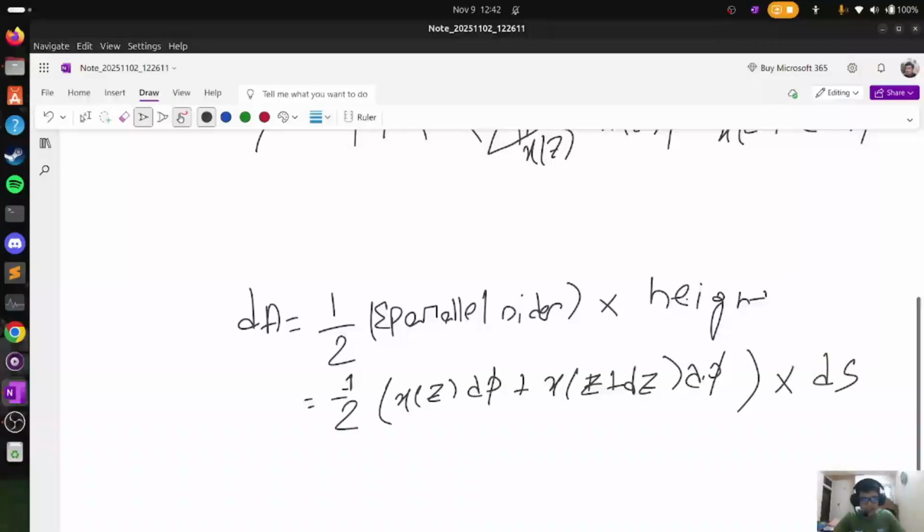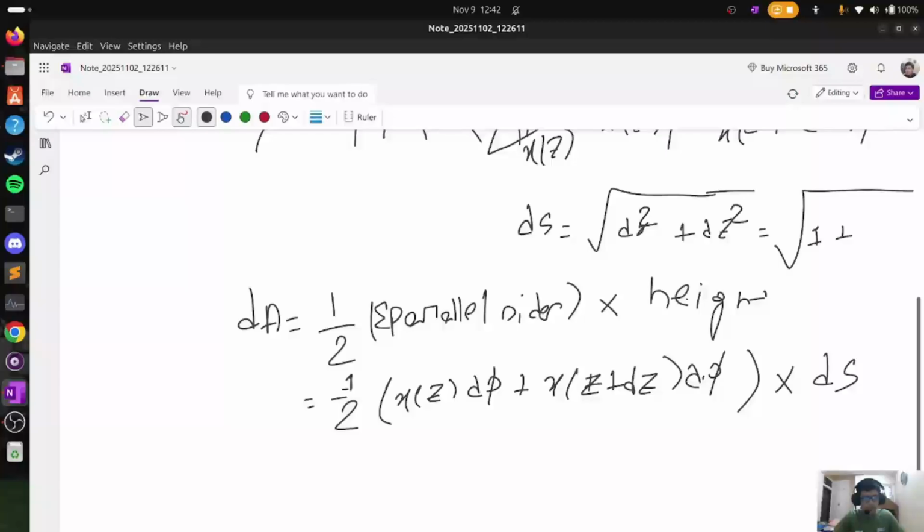So what is ds, by the way? We know that we have dx square plus dz square, because the curve is based upon that.